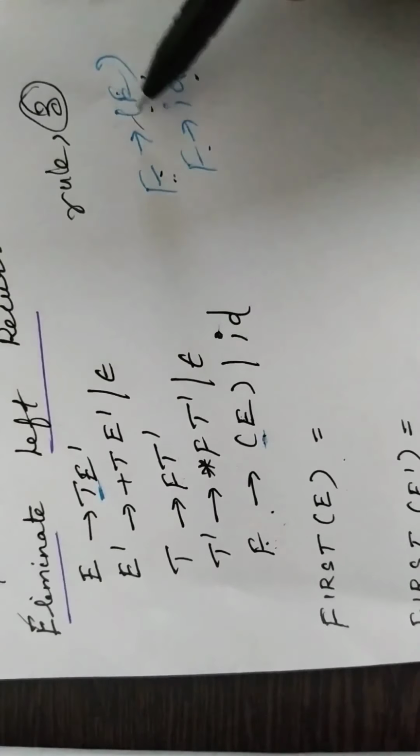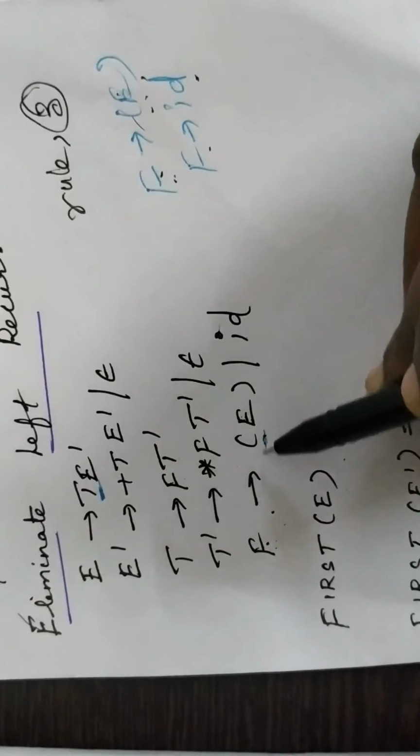For F we have two productions. One is F tends to open bracket E close bracket, another is F tends to ID. We have to add both, because these are two different productions.